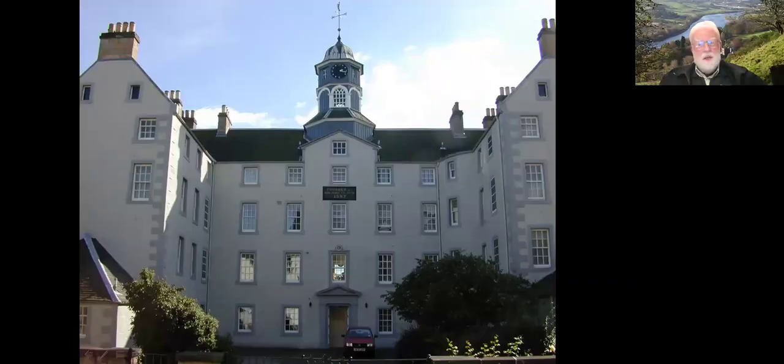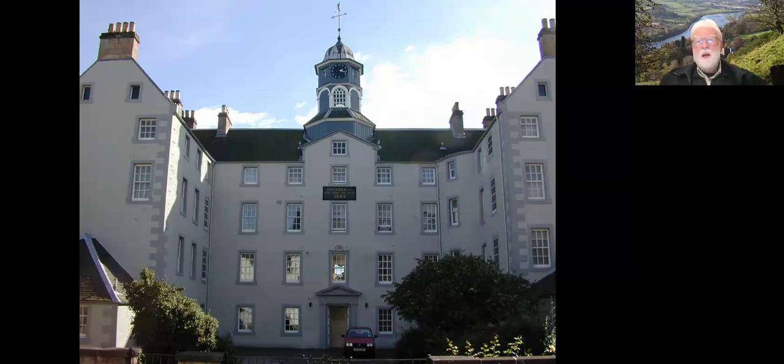This is the King James VI Hospital, but it's on the site of the Carthusian monastery. The monastery was a much, much bigger site than the present hospital grounds are, because the Carthusian monastery had been set up as a royal mausoleum for the honor of the Stuart dynasty.